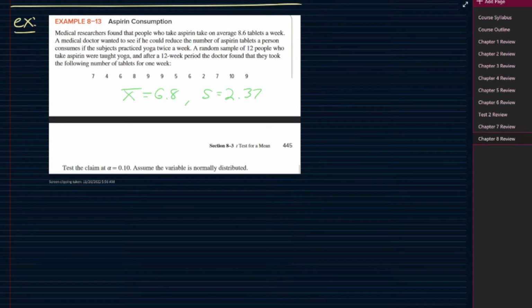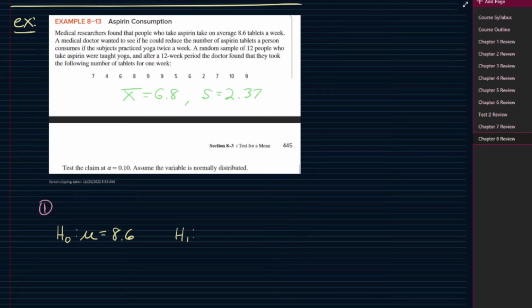So, okay. Step 1. What do we end up getting? Well, it looks like our null hypothesis, we're assuming that the average is 8.6, and we want to test that after they're taught yoga if it goes down.